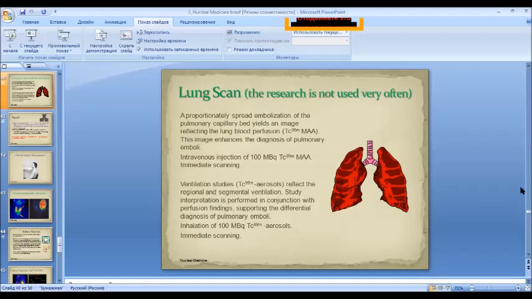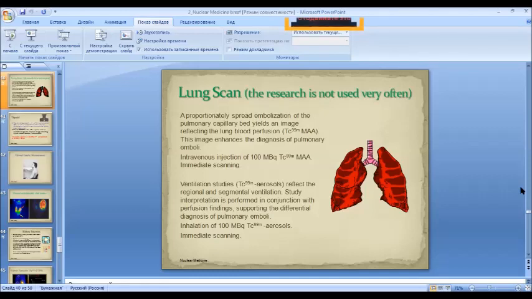the same technique may be used in ventilation studies, not in the study of blood supply of lungs, but in the study of ventilation. Ventilation studies with technetium aerosols reflect the regional and segmental ventilation.